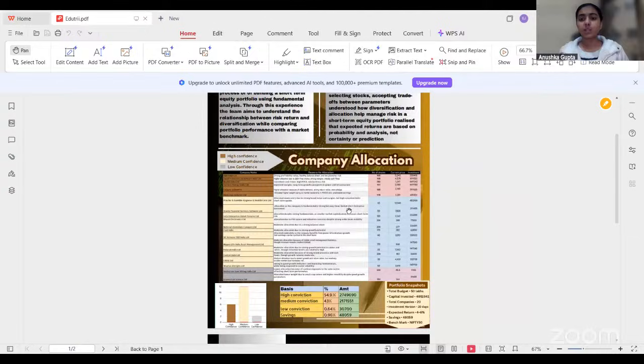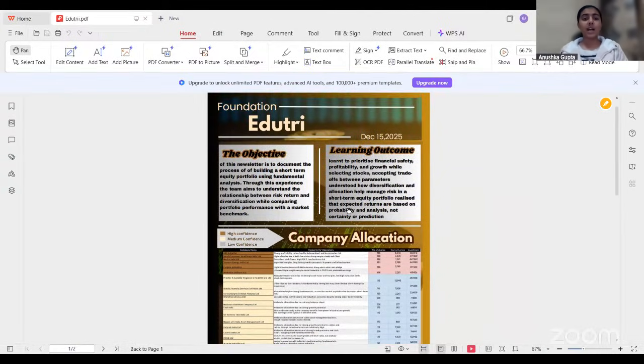So we had to work as a fund manager and allocate the fund to different companies and analyze the market so that we can finally find where to invest our money.